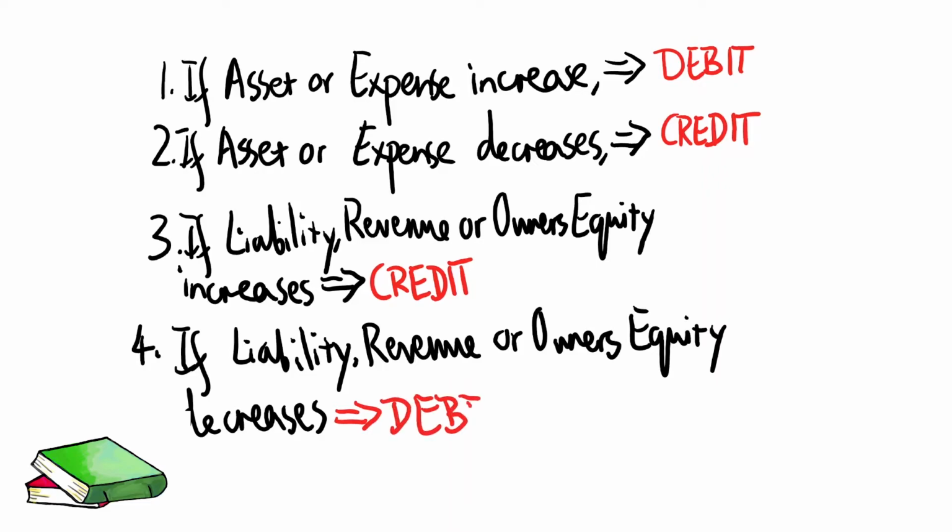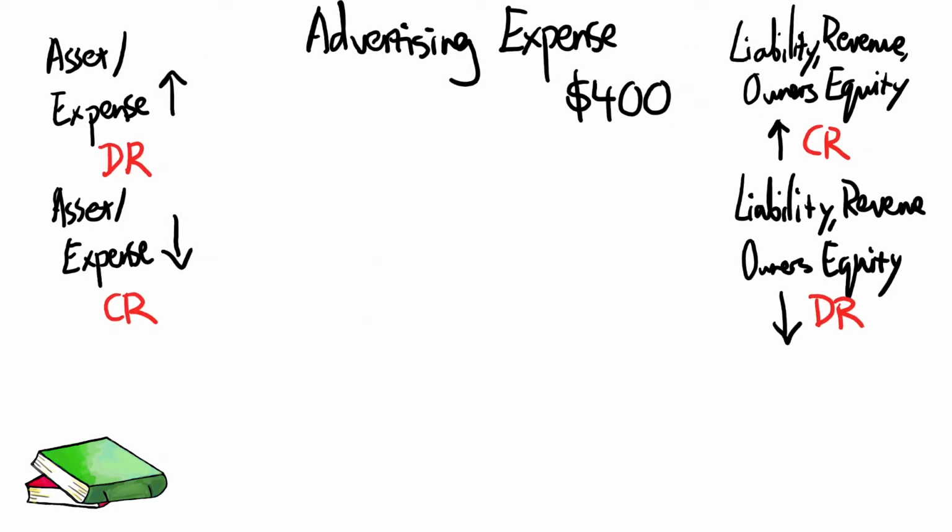So in order to apply these rules effectively, you really need to have a good understanding of the accounting equation. If we take the first example of the advertising expense of $400, we should take a look at the accounting equation effect and compare it with the double entry rules.